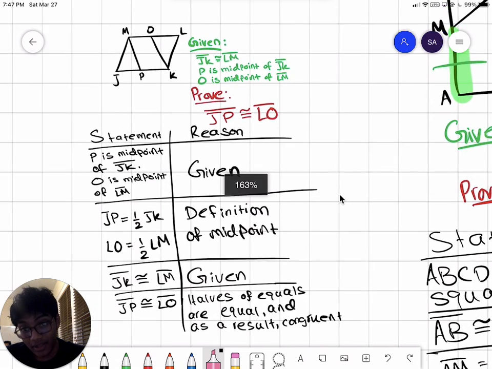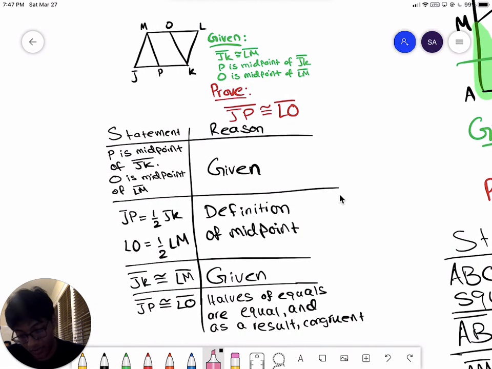Okay, so our final geometric proof is this one. We have something like this figure. We're told that line segment JK is congruent to line segment LM, so JK, LM. We're also told that P is the midpoint of this side, and O is the midpoint of that side. And we have to prove JP is congruent to LO. So how do we do that? We start with our givens.